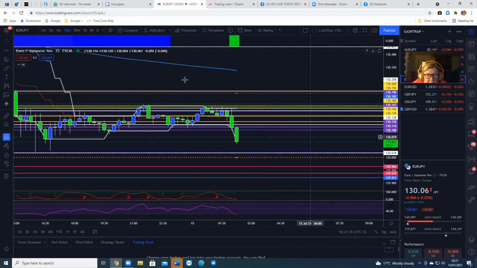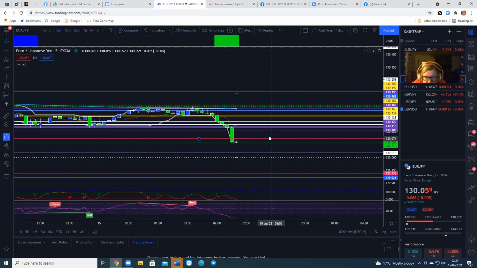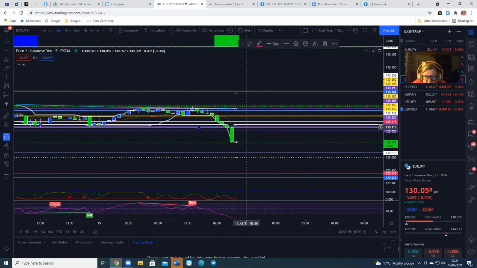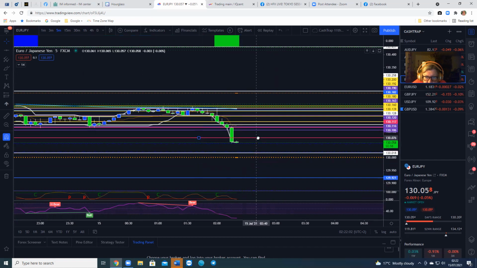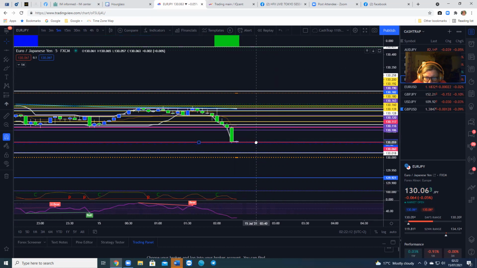191. And then on the 5-minute, resistance right bang up in between those two. So that's a good level there. And in the previous candle as well, down here.